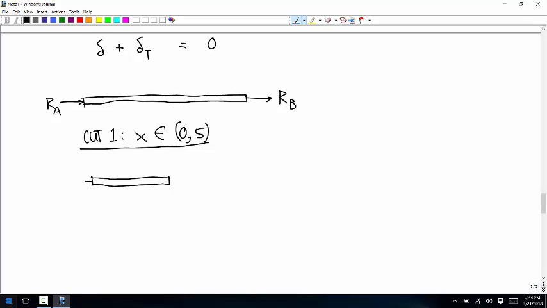And so we have RA over here and internal tension there. And so Newton's second law in the x direction says tension is equal to negative RA.